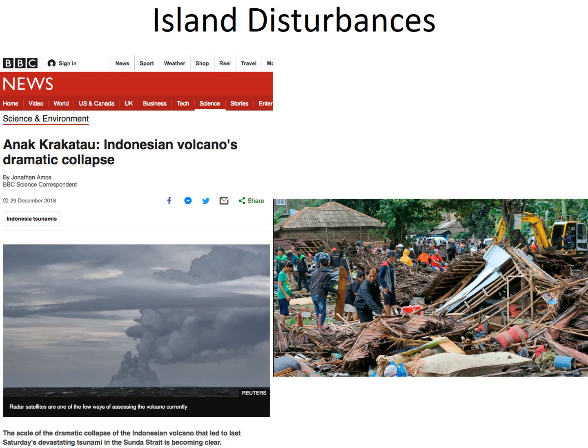Okay. The chapter ends talking about island disturbances, and this is something that's been in the news quite a bit lately. As you hopefully have seen, there was a volcanic eruption of Krakatoa. There was a huge landslide, and it caused a tsunami that hit Indonesia. Okay?